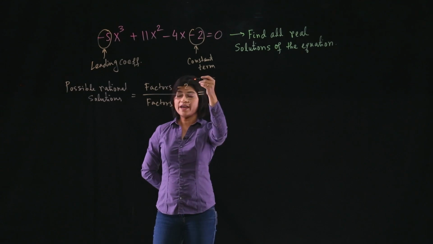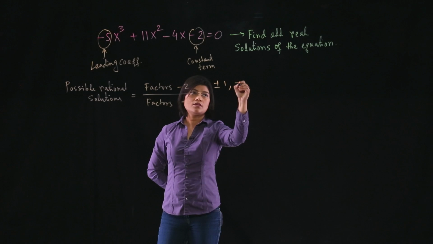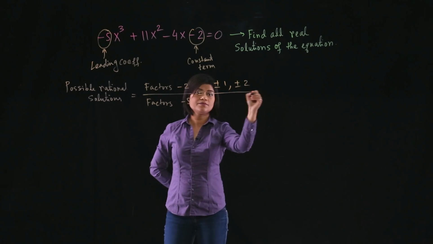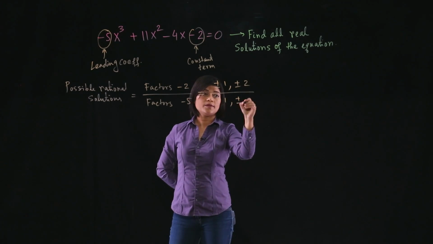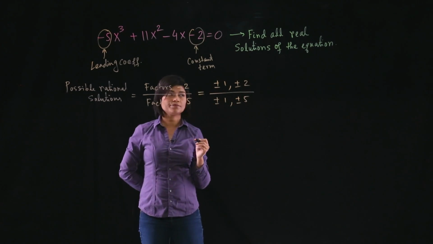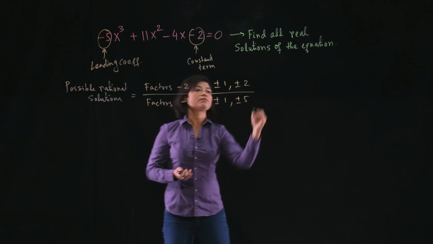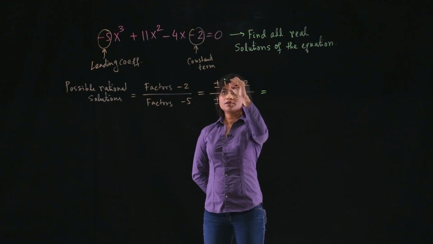Okay. What are the factors of -2? It's either plus or minus 1 or plus or minus 2. And what are the factors of -5? They are plus or minus 1 and plus or minus 5. So let's see what the possible rational solutions are.